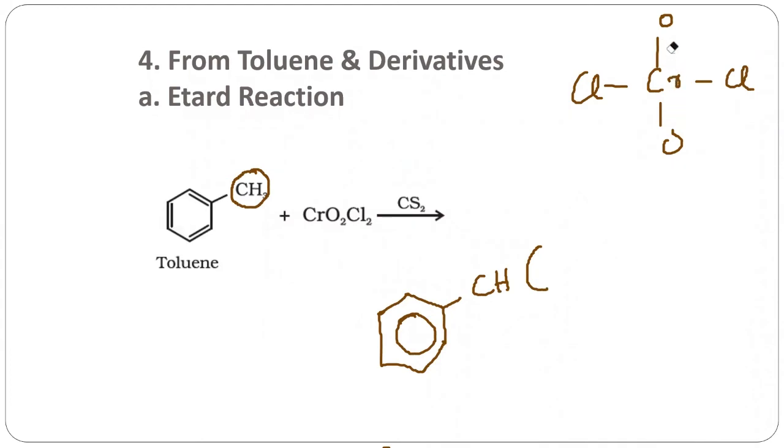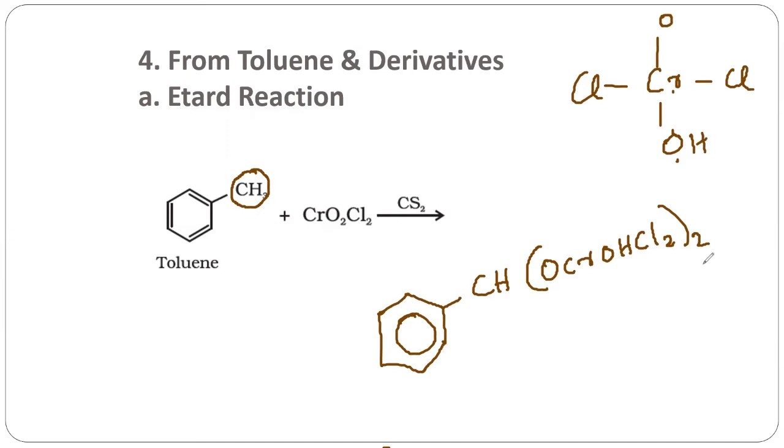Let the two double bonds go and put an H here. Then what do you get? You get O, Cr, OH, Cl2, right? So O, Cr, OH, Cl2 twice. Two of the hydrogens will be replaced by O, Cr, OH, Cl2. So you get an intermediate which looks like this.